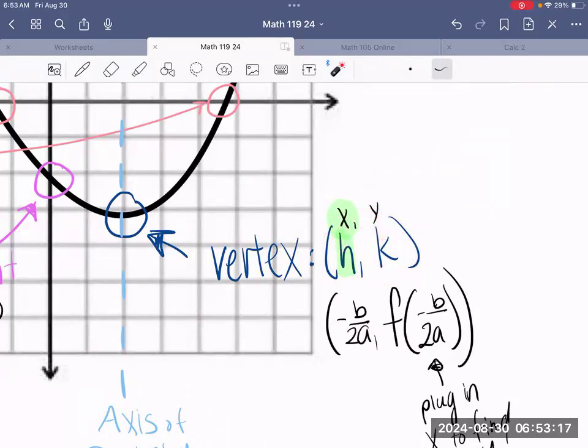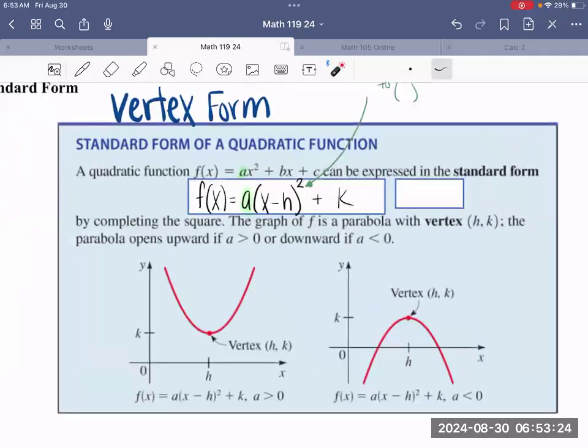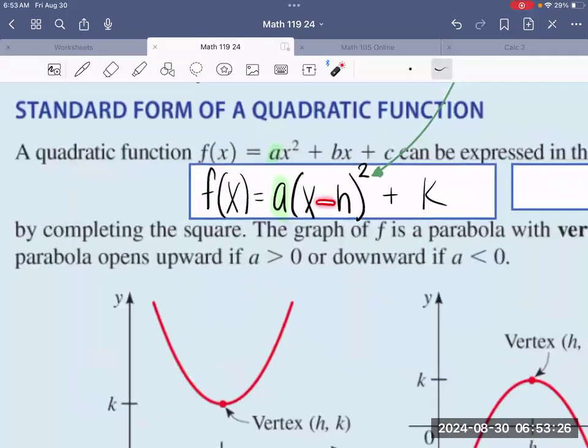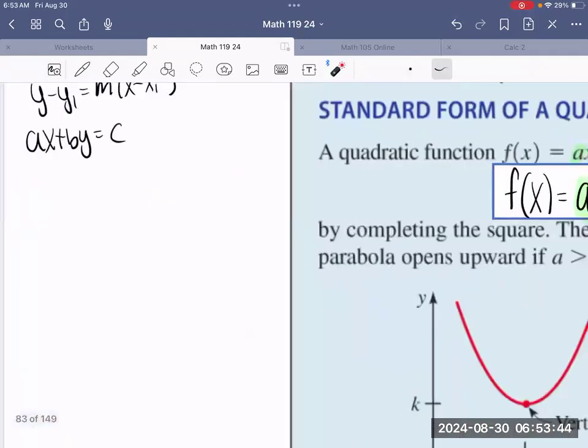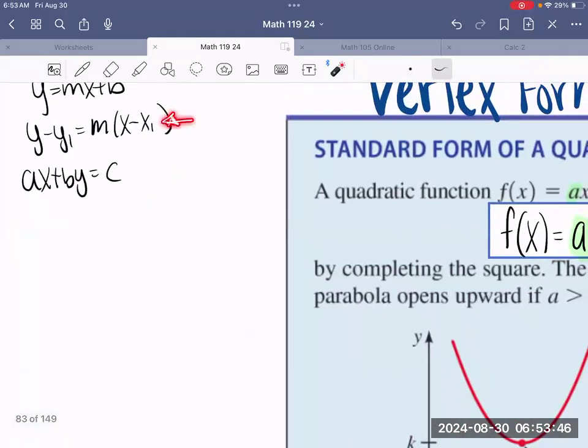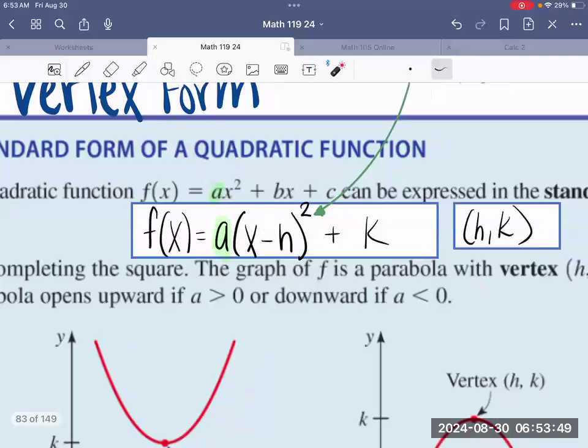Now you'll notice that in this form here, I'm just writing a positive h and a positive k. Now, let's say h is positive, as we saw from your point on our last page, we just wrote it as a positive. And what's going to happen, very much like we did in your point slope form, is that you're going to undergo a sign change.